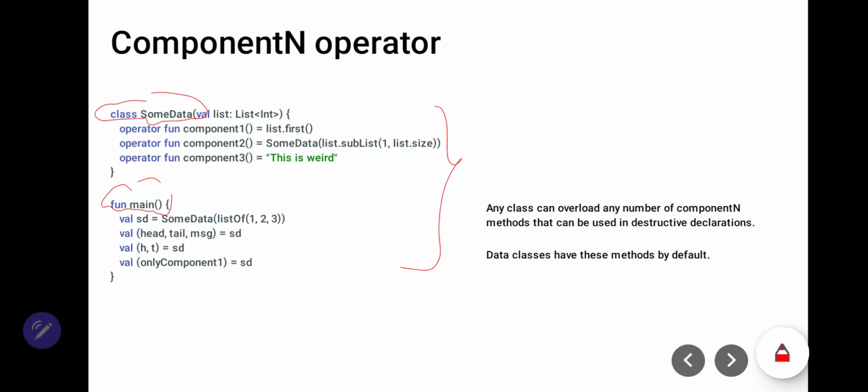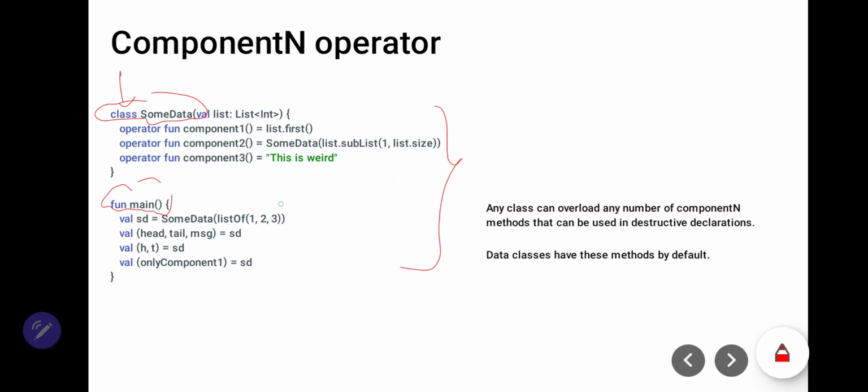Before, I explained to you the difference between class and data class. For now you just use class, so we have to write implicitly for this destructuring.